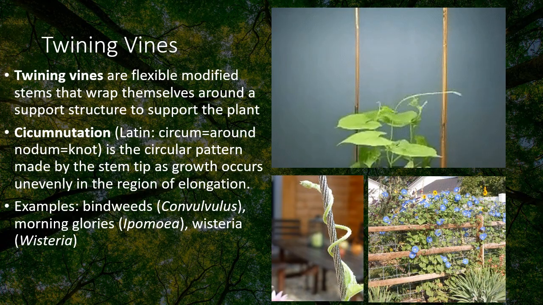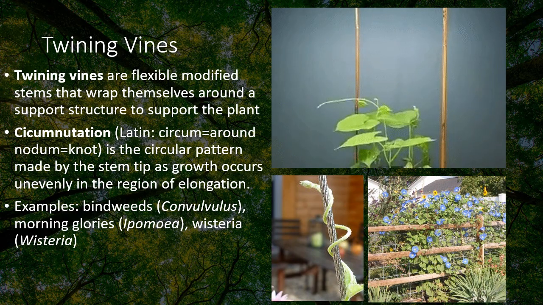Twining vines are an example of a really interesting stem type, which does some really fascinating things. Charles Darwin was one of the first scientists to formally investigate this. Because time-lapse photography did not exist during his time, he set up a series of strings around the plant.